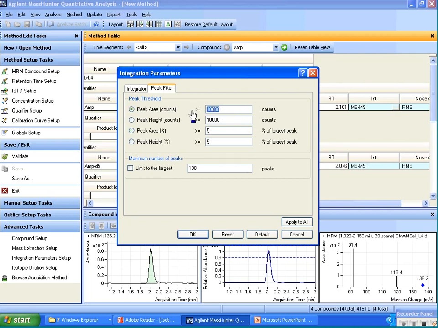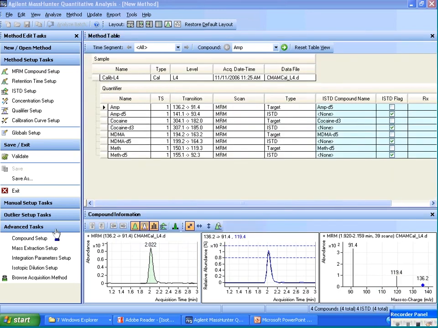So if I've decided that I don't want to see anything less than 100 counts for that particular compound, I could set that peak filtering, and then there would be no integration because those peaks would not appear on the peak list for the integrator to integrate.